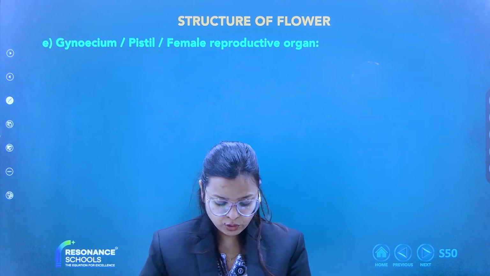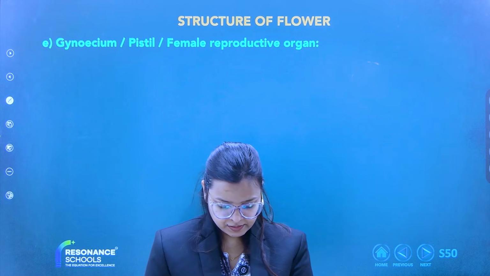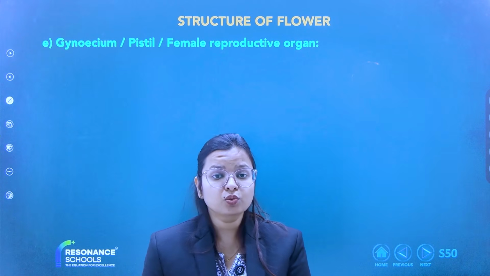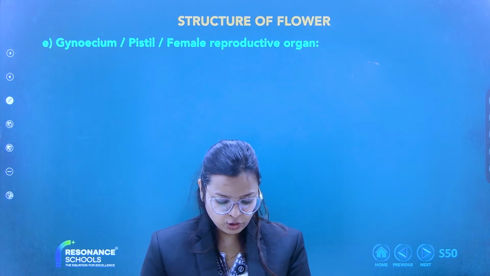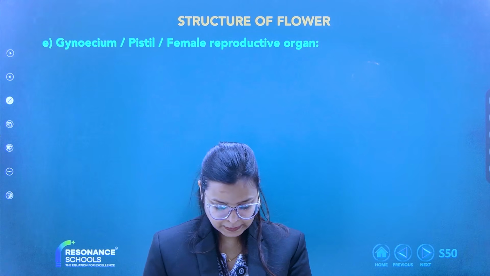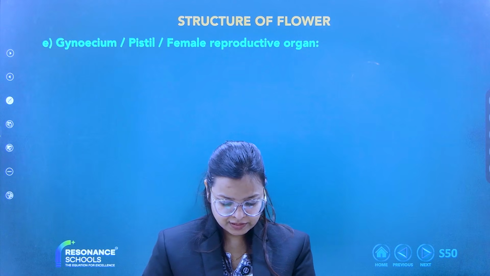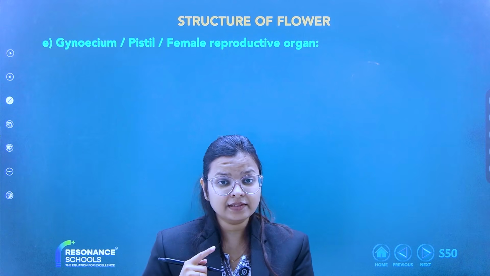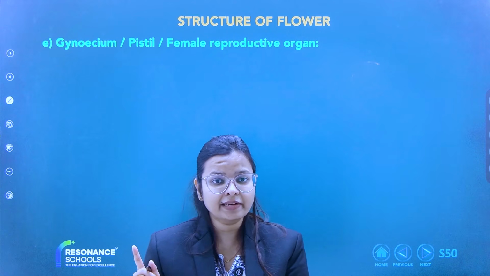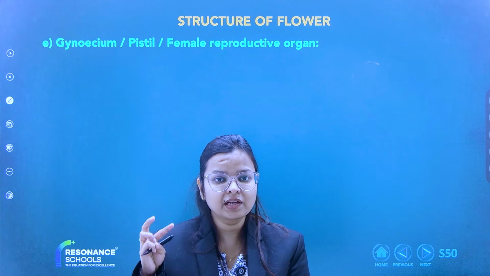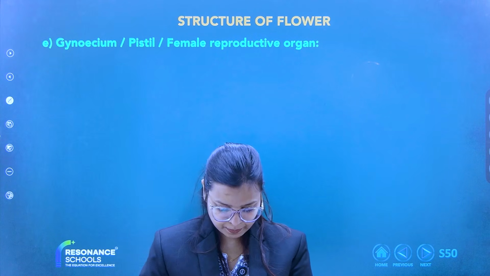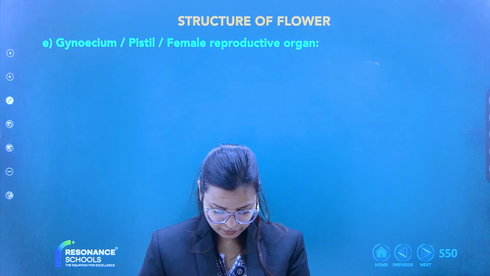Almond, dicot or monocot? Dicot. Mango, dicot or monocot? Whoever said monocot is wrong, because the examples I am telling, they all are dicots. The cashew, the almond, the mango, all are dicots.